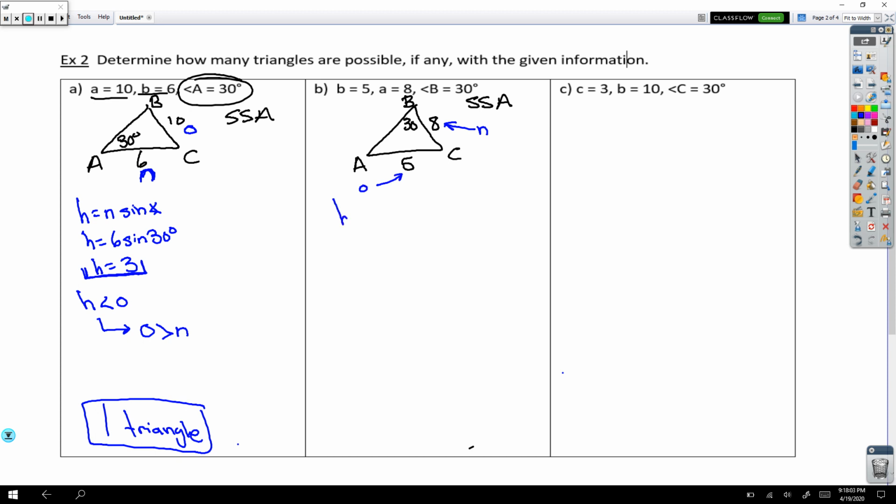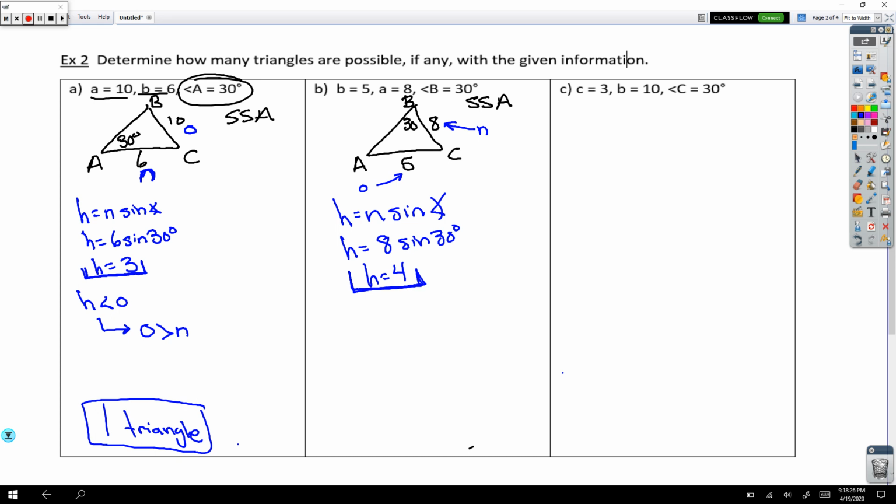Let's find the height. n sine of whatever my angle is. So h equals 8 sine of 30 degrees. Again, sine of 30, think back to the unit circle, is 1/2. So h would equal 4. All right, let's compare h to the opposite side.